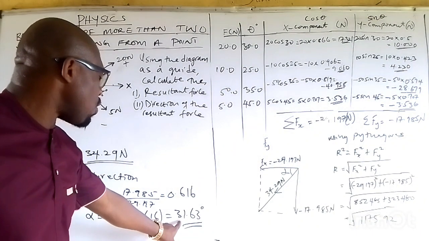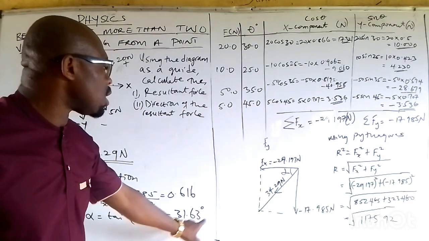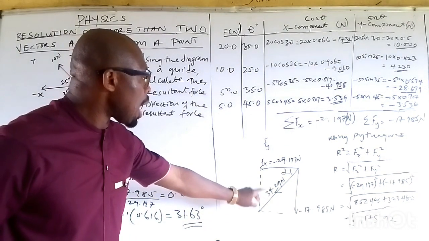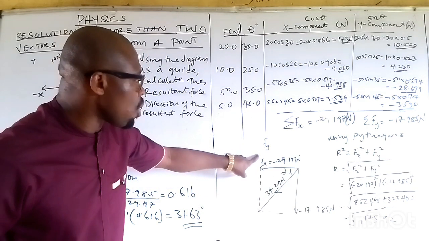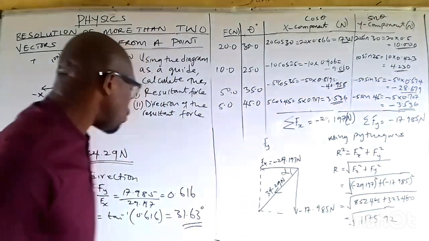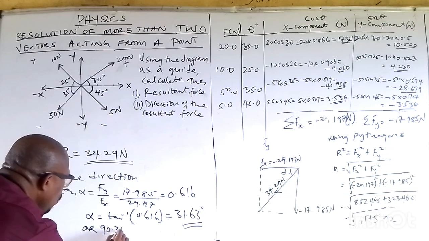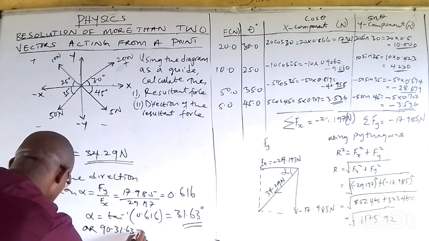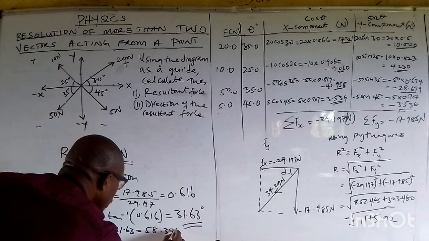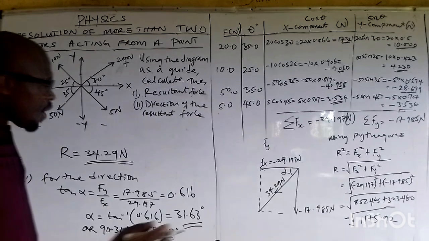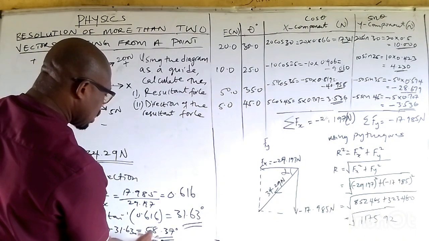So the direction now is 31.63 degrees along this Fx axis. Now, if you want to find this other one, you can say 90 minus 31.63, which will give us 58.37 degrees. So there are two values, 31.63 degrees and 58.37 degrees.